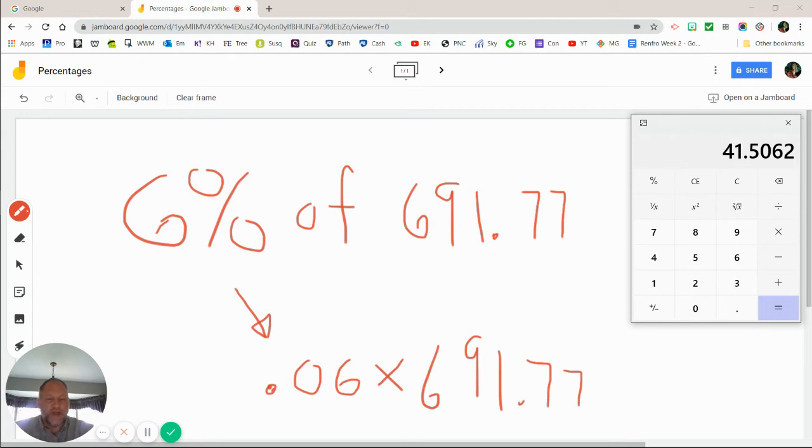What is 6% of 691.77? 41.51. Again, remember when we're talking money, you always round it to the hundredths place. And in fact, when we're finding percentages of a number, let's always round to the hundredths place. That way we'll all be doing the same thing.